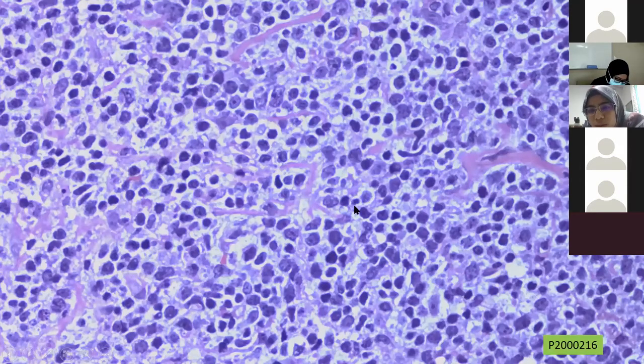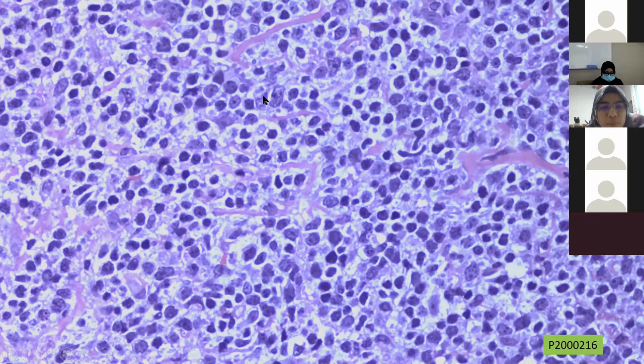So this is the histomorphology of the biopsy. The tumor cells are dispersed and very pleomorphic. It doesn't look like follicles forming microfollicles. It's more of diffuse sheets.